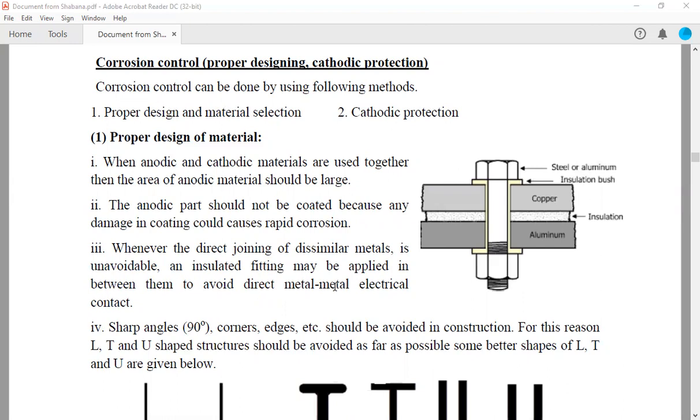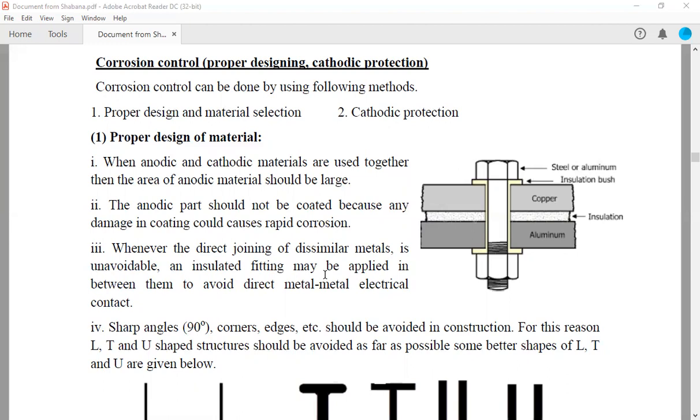That means insulating material should be fixed between the two dissimilar metals, placed in such a way that it avoids direct metal to metal electrical contact, so that the corrosion velocity can be minimized.